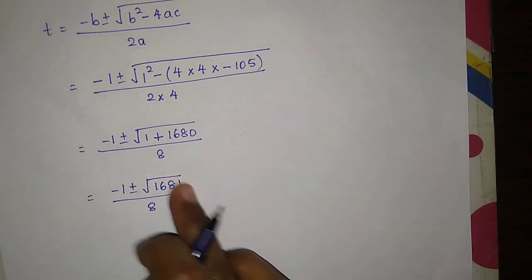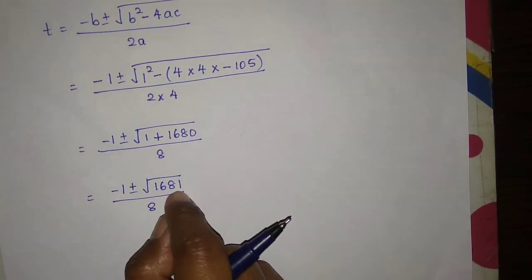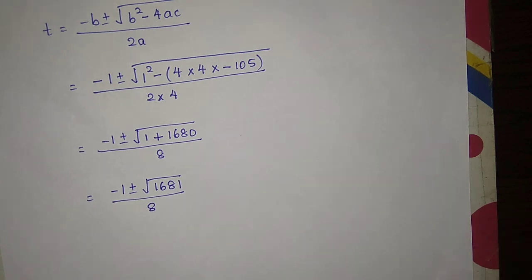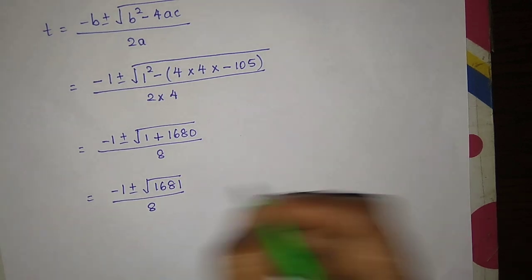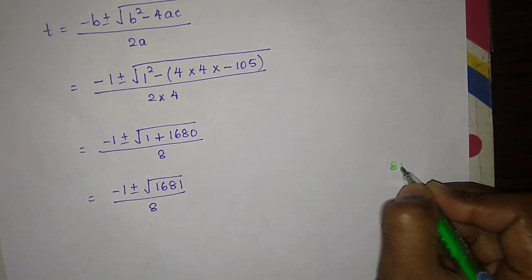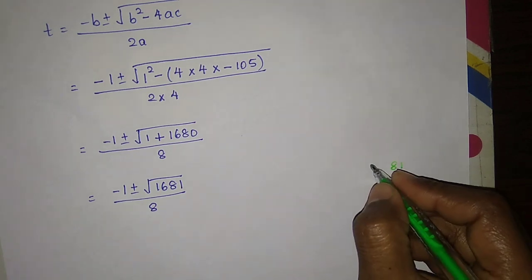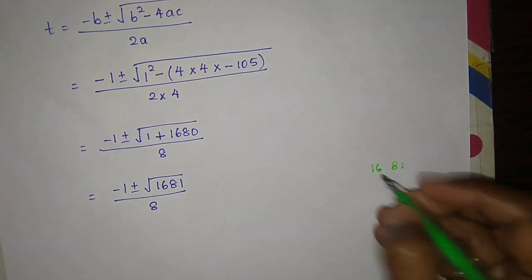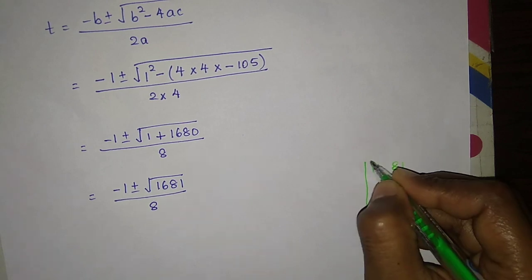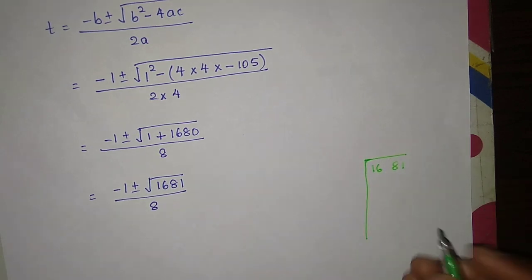To find the square root of this number, group the digits from the right end, 2 digits each. So 16 and 81.